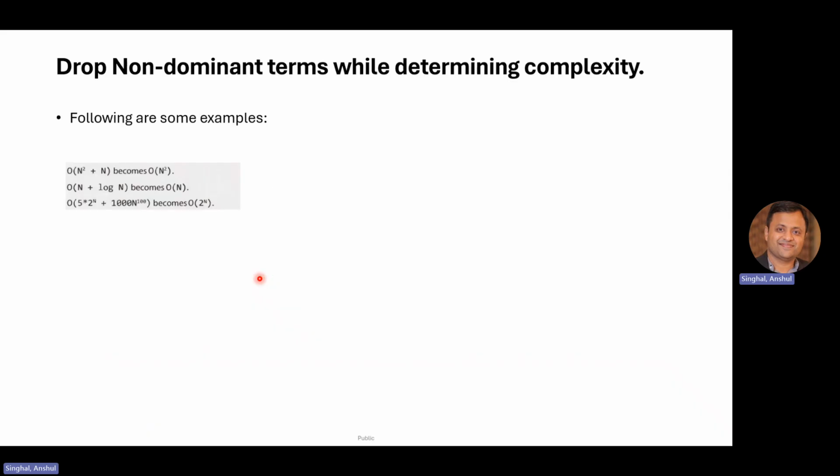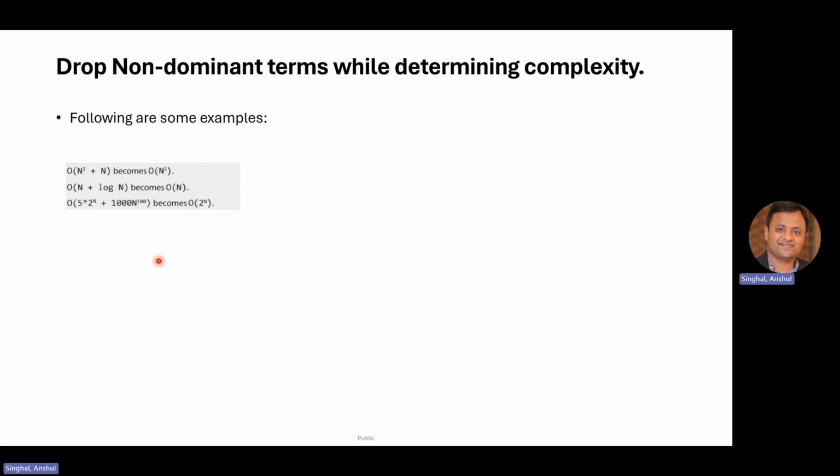And likewise, another point to keep in mind when determining the complexity is dropping the non-dominant terms. What it means is, if we have found the complexity like n square plus n, we can just drop the non-dominant term, which is n in this case. So we can say n square is its complexity. So we can always focus on the major term in this complexity.